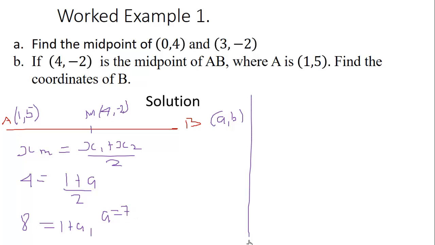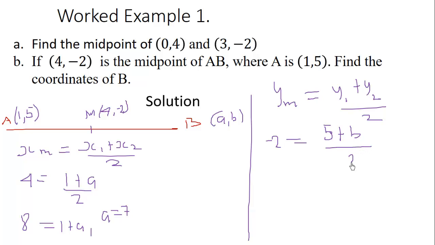Then also we know that our y of m is supposed to be equal to y1 plus y2 over 2. So our y of m, negative 2, is equal to y1, which is 5, plus b all over 2.